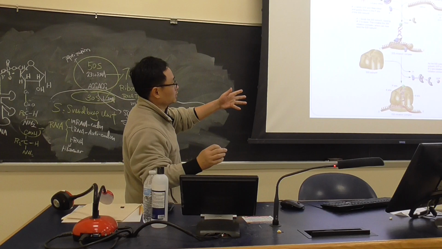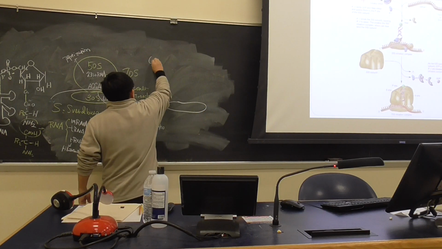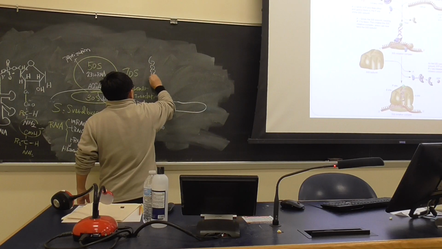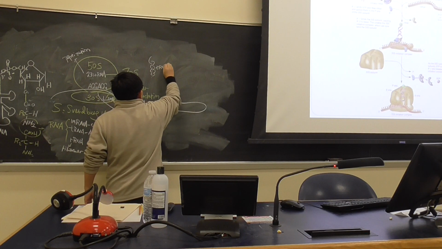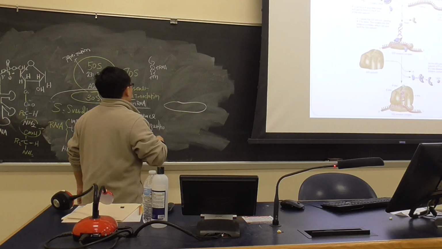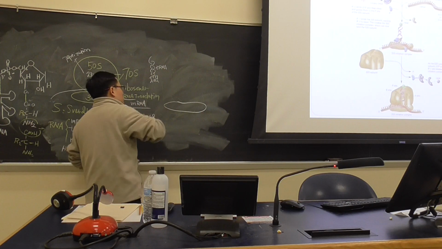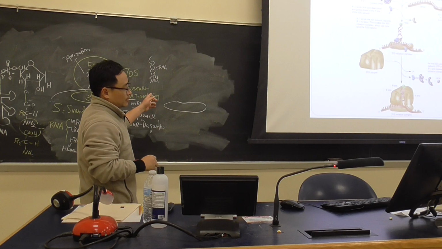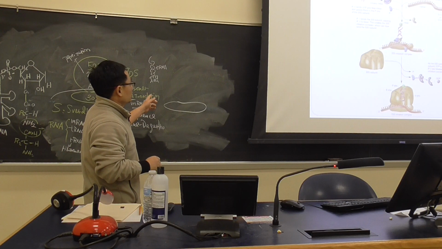Okay, I'm not going to draw it again. So what happens is, at the beginning, there is a tRNA. It carries something and comes in. Let's say AUG comes. Once the AUG comes, they basically need energy.